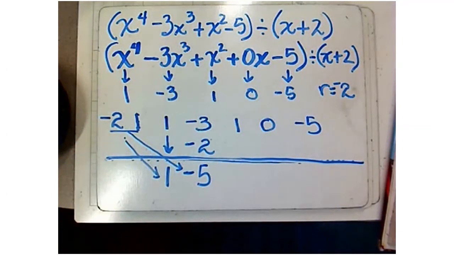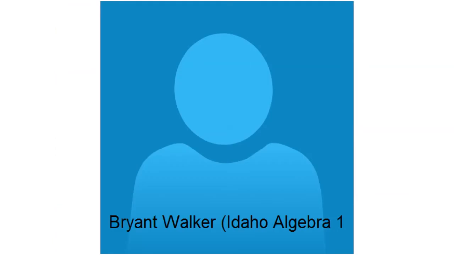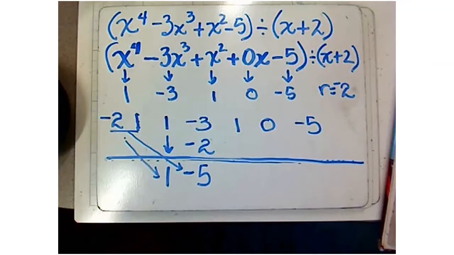All right. Now, multiply your R value, -2, times your -5. What do you get? Positive 10. Be very careful, I said multiply your R value times your -5. -2 times -5, 10.